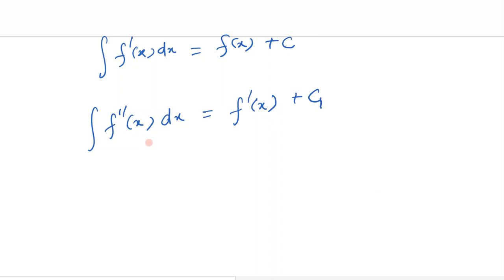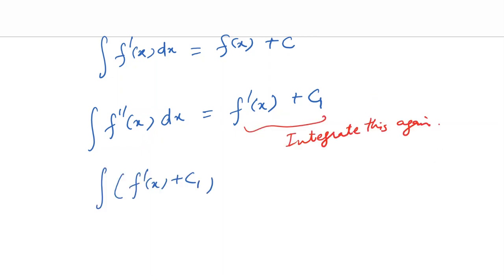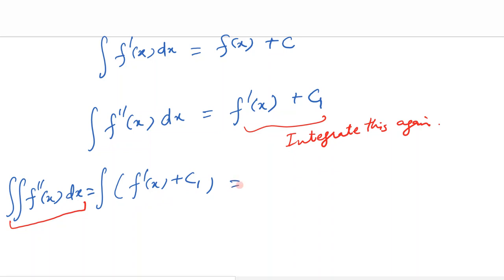So I'm just going to write here, integrate again. That means double integral of f double prime dx, and I'm replacing this piece with what we got previously: integral of f prime(x) plus c1. The integral of f prime(x) is just f(x), and for c1, which is a constant, c1x, and then there will be another constant c2.